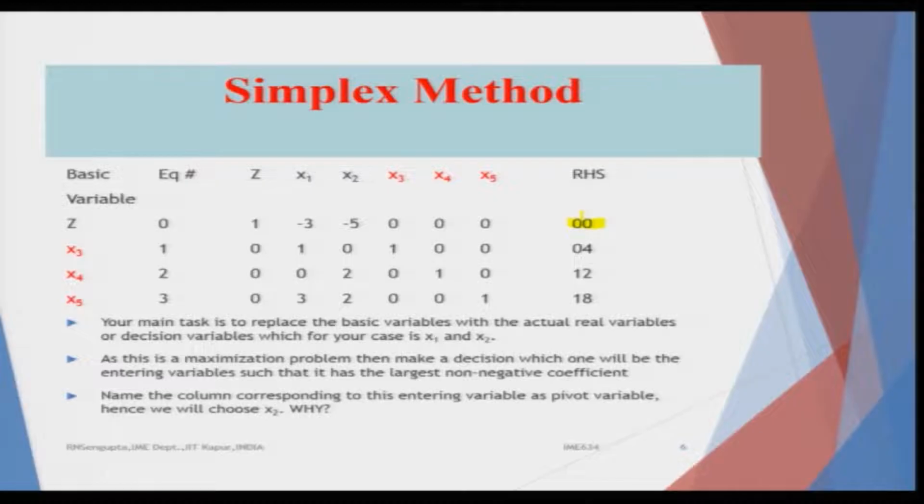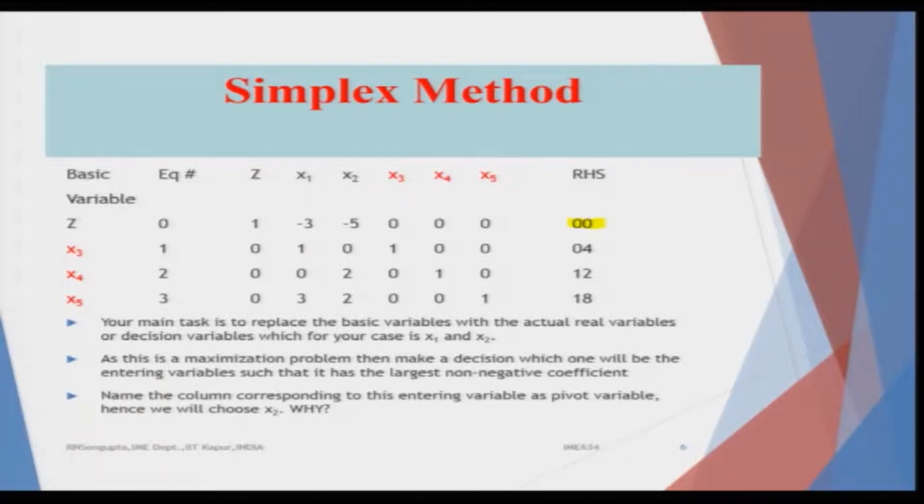Now, I want to optimize. Let us go to constraints 1, 2, 3. The first constraint, if you note it down, was only related to x1. So, the coefficient corresponding to x1 is 1, which is here. I will mark the equations accordingly.